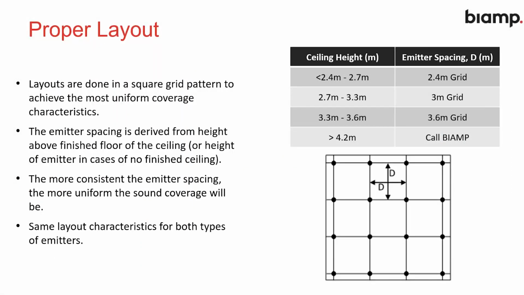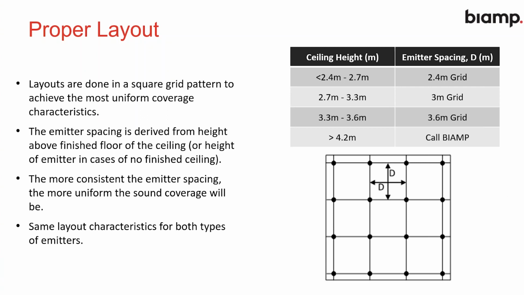The way that we do our layout is we put the emitters into grids across the space. So we do this depending on the ceiling height generally. As I'm showing here, the table at the top is a very broad spectrum of where we aim for.